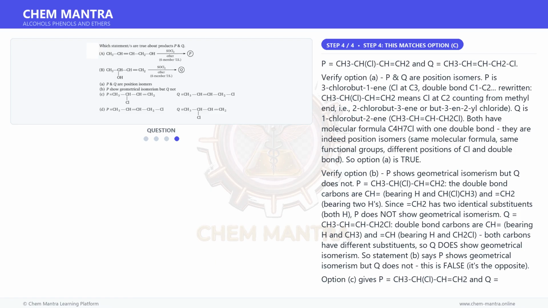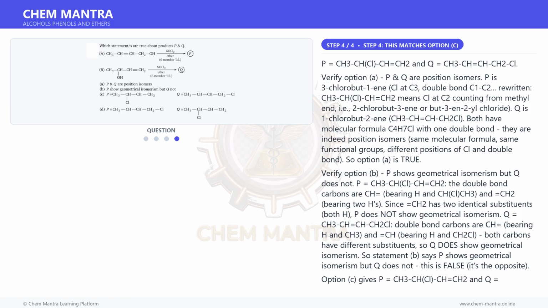Verify option B. P shows geometrical isomerism but Q does not. P is CH3-CHCl-CH=CH2, the double bond carbons are CH= bearing H and CHCl-CH3, and =CH2 bearing two H's. Since =CH2 has two identical substituents, both H, P does not show geometrical isomerism.